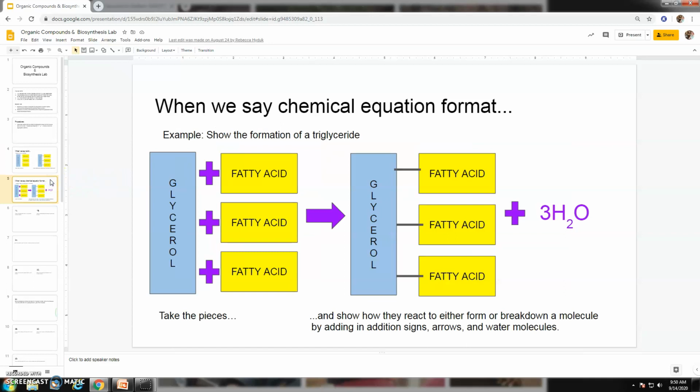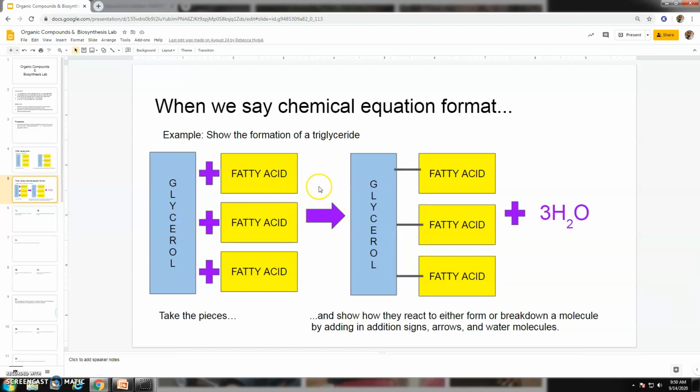When we say chemical equation format, for example, show the formation of a triglyceride, you will show us that to make a triglyceride, you need 1 glycerol and 3 fatty acids. You drag over the plus signs, 1, 2, 3, to show that you're going to add them to the glycerol.